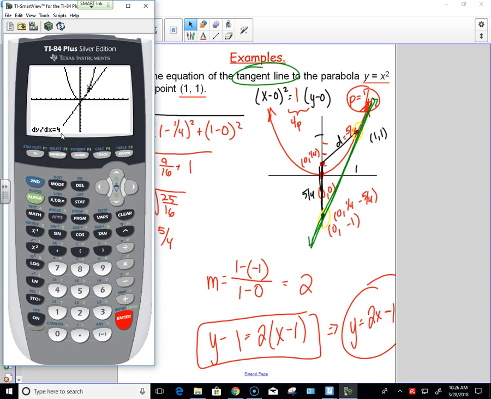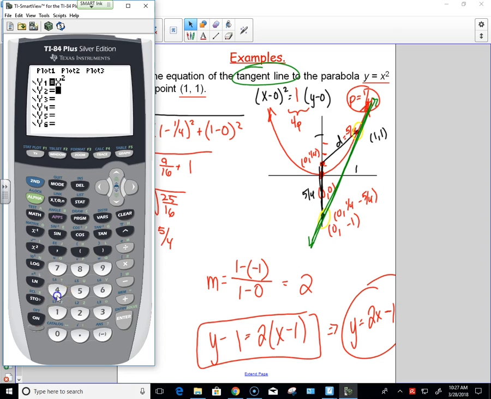Question, if we were to find the tangent line at x equals 2, what point would that be at? X equals 2, what's y in this equation? 4, 2, 4. So we would do this exact same thing, except now come back to your y equals. Let's change our tangent line. We saw that the dy dx was 4.